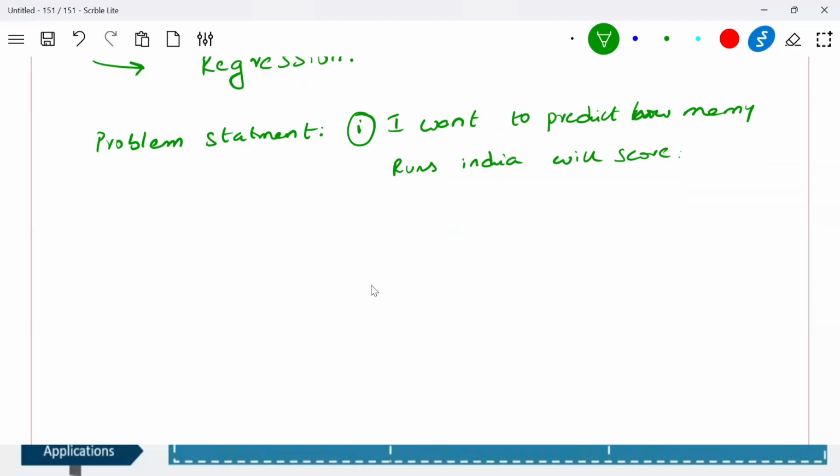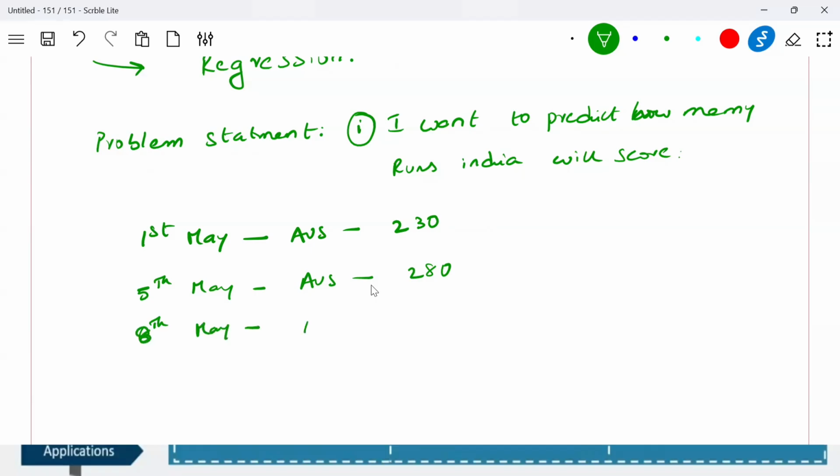For example, on 1st May, India played against Australia and India scored 230 runs. On 5th May, India played again against Australia and scored 280 runs in 50 overs. On 8th May, India played against England and scored 290 runs.